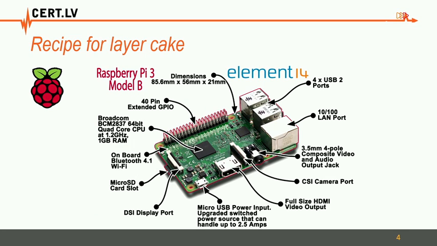So for the sensor equipment, we choose to use Raspberry Pi 3 Model B, which you can see here. So basically, it's a small Raspberry Pi computer with one network interface with USB interfaces that you can utilize also for network if needed.